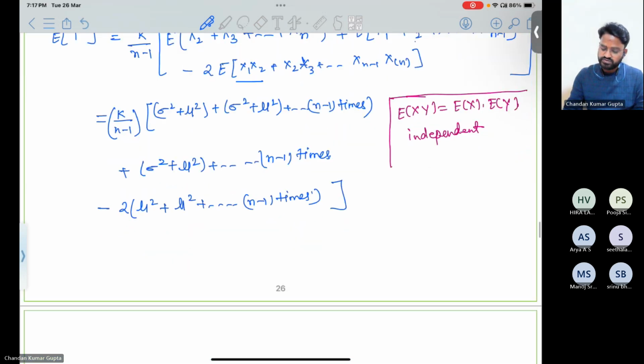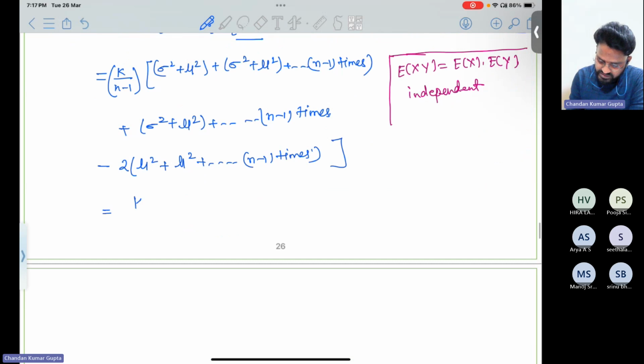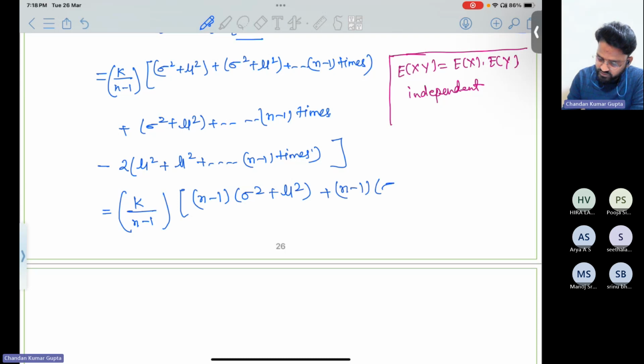So that means k upon n minus 1, and it is n minus 1 of sigma square plus mu square plus n minus 1 times of sigma square plus mu square, and minus twice of n minus 1 of mu square.